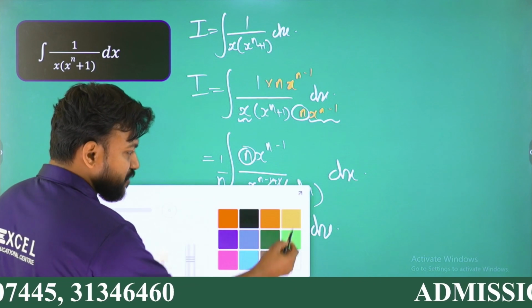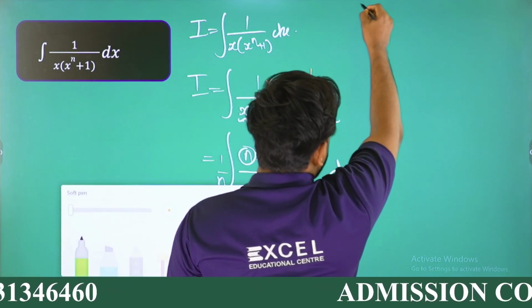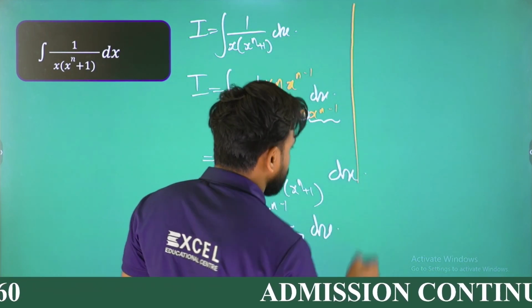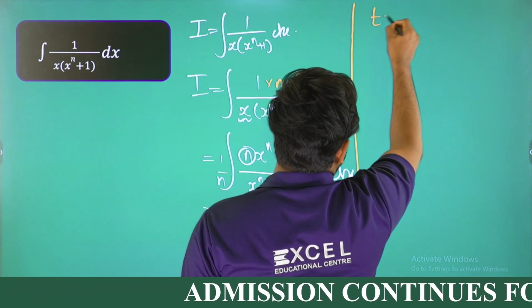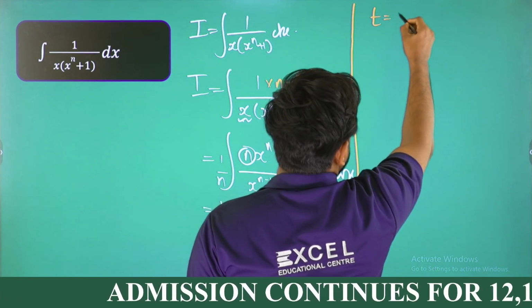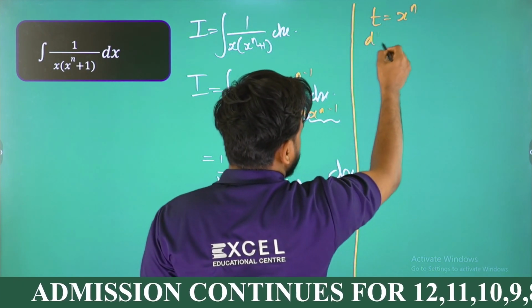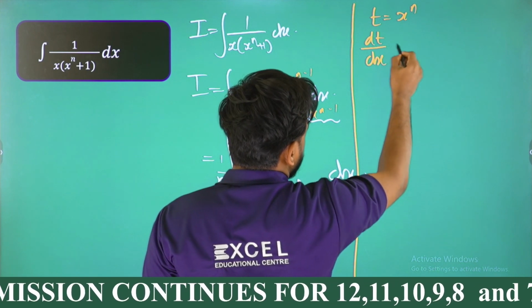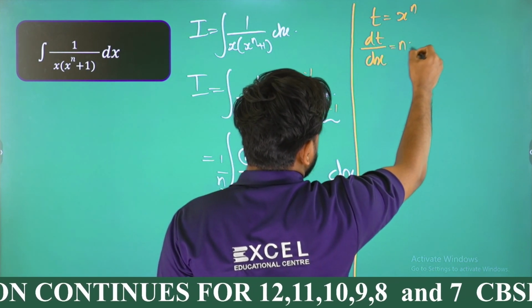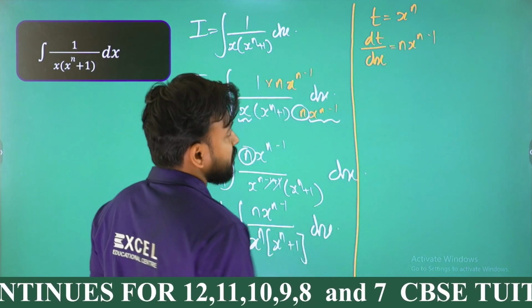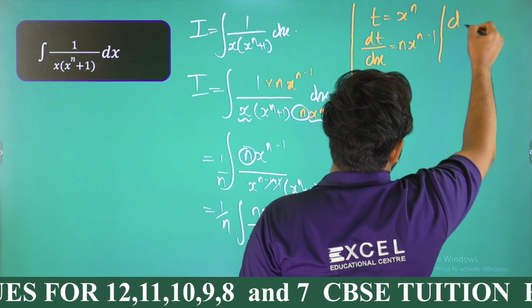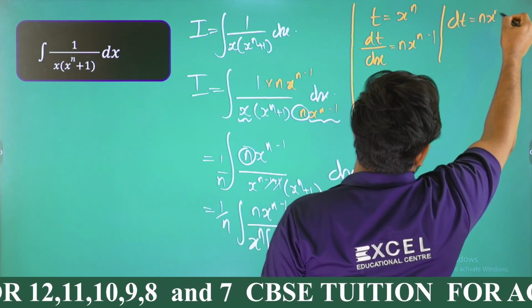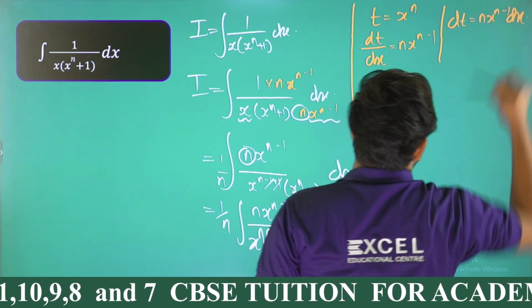Now if I substitute, listen, after substitution you will understand why I did that. If I substitute t is equal to x raised to n, what is the derivative of t? dt by dx is equal to nx raised to n minus 1. Then dt is equal to nx raised to n minus 1 into dx.